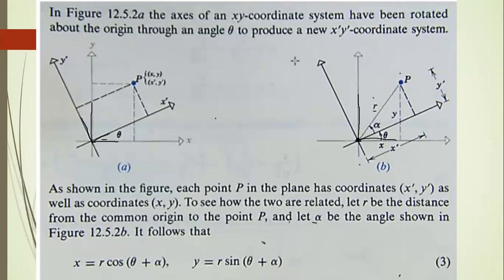So basically this alpha here is the angle between the tilted x-axis and the line that connects the origin to the point P. And this theta here is the angle between the tilted x-axis and the original x-axis.